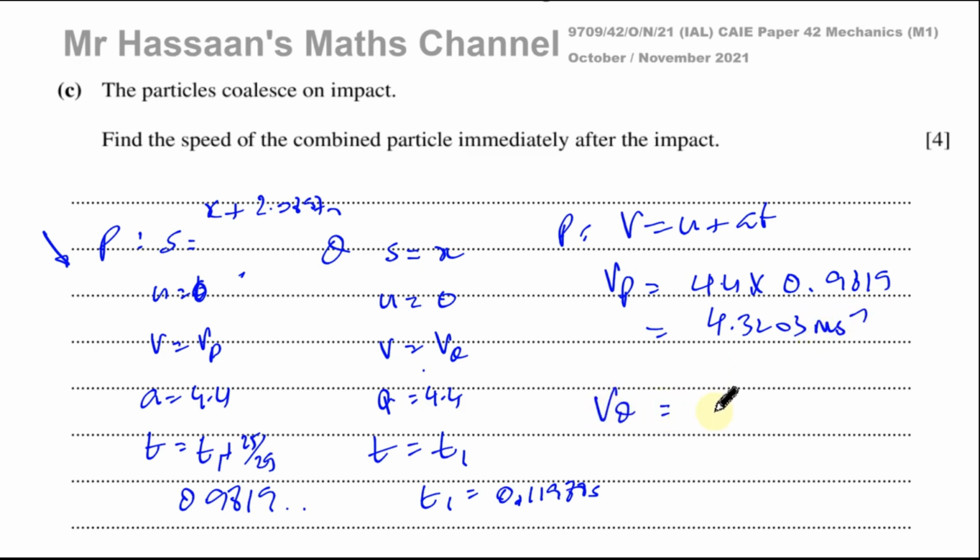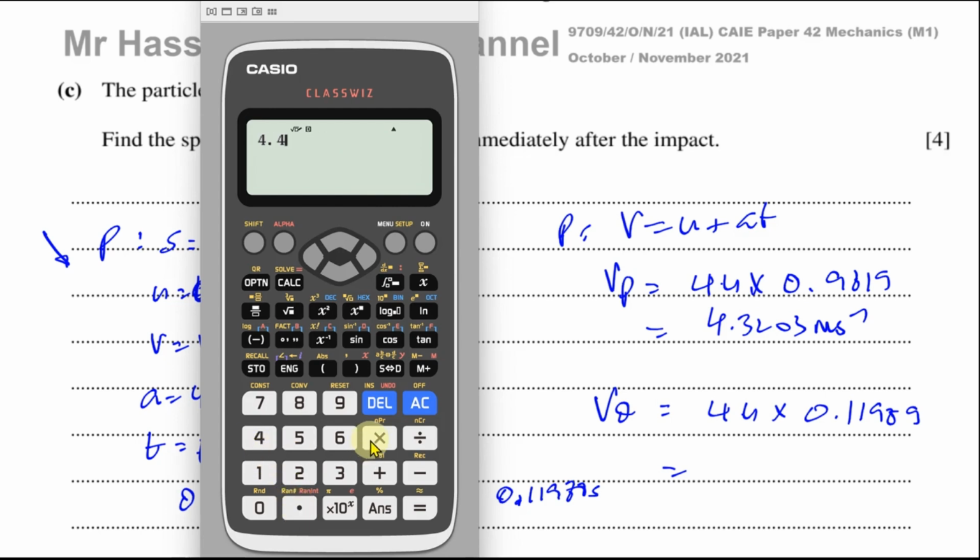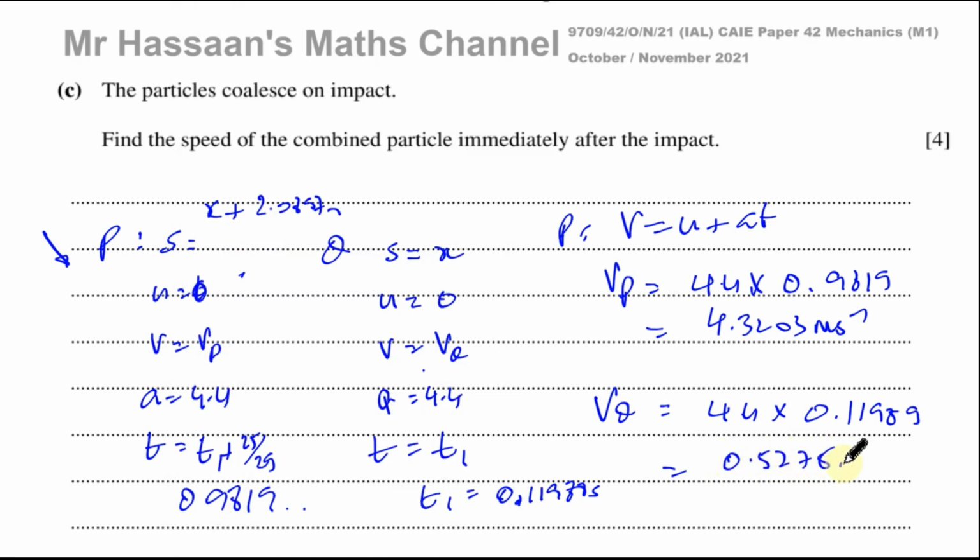And the velocity of Q is V equals U, which is 0, plus A, which is 4.4, times 0.11989. That gives us 0.5275 meters per second.